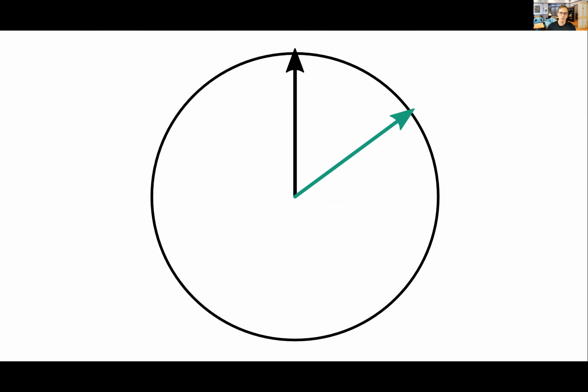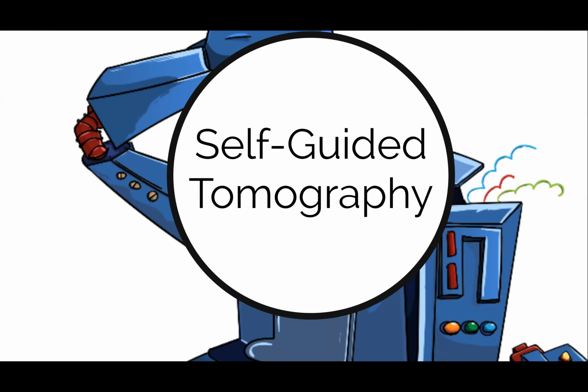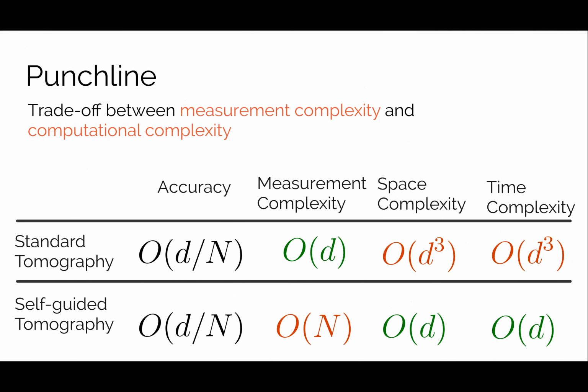But first, can you go back to the slides, the table? So the measurement complexity of standard tomography is order D. Is it like you just measure a single copy because you have N copies? It should also depend on N, I'm not sure. No, I mean the number of different settings on my measurement device, the outcomes of the measurement. Okay.